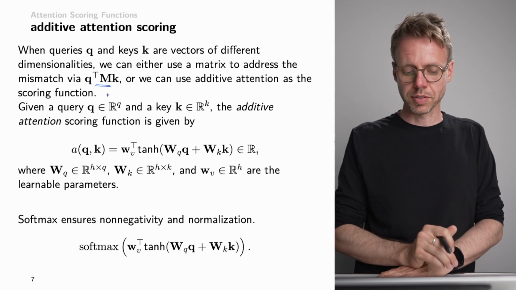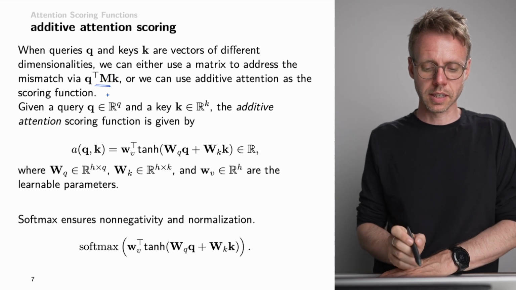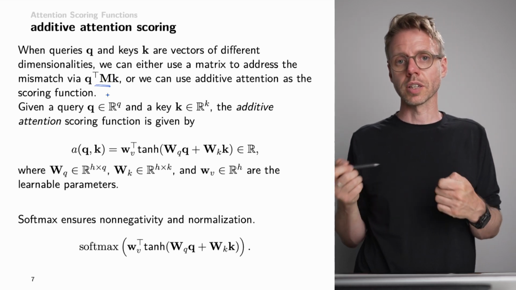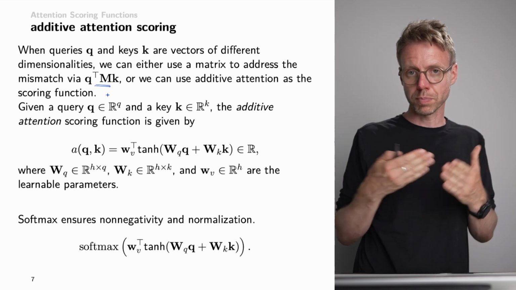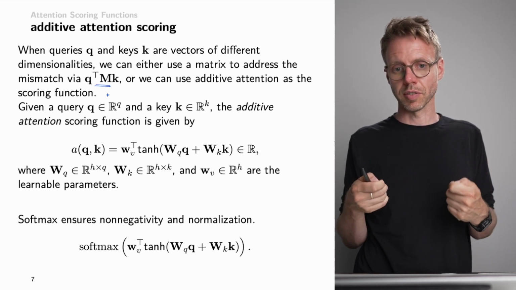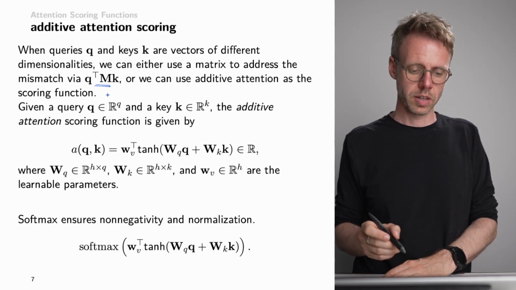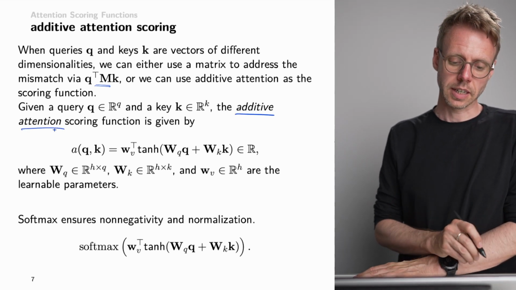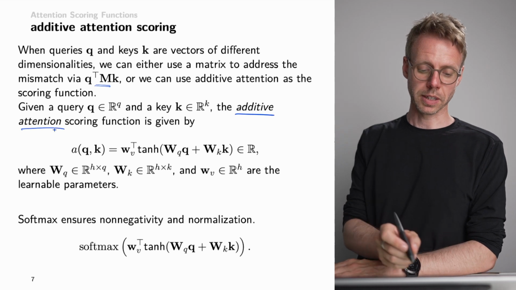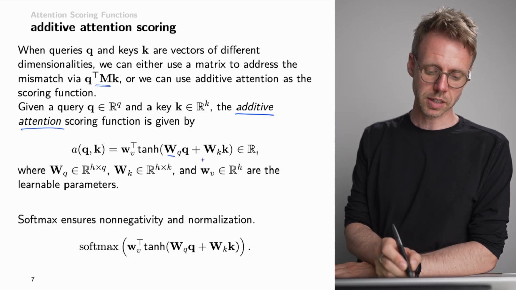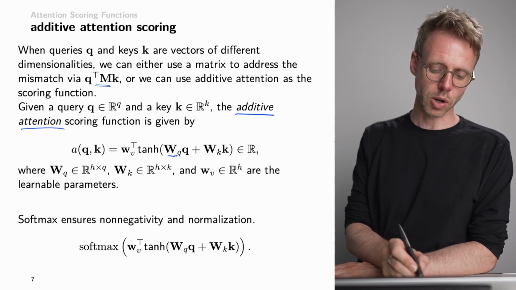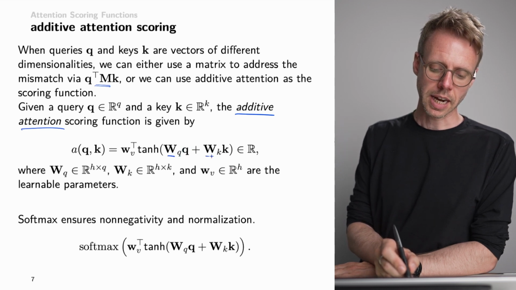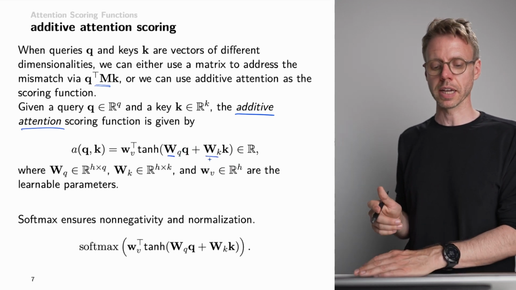An alternative that we could also do is to just use, instead of a dot product, an additive function. So additive attention scoring works as follows. Well, we have two different weight matrices. One weight matrix that is only applied to the queries, and another weight matrix that is only applied to the keys.